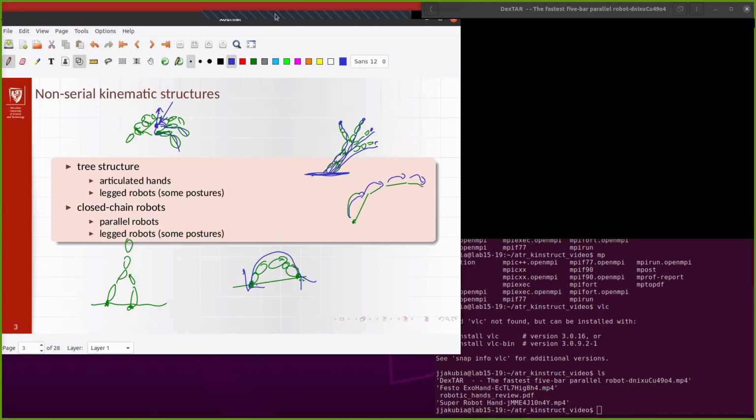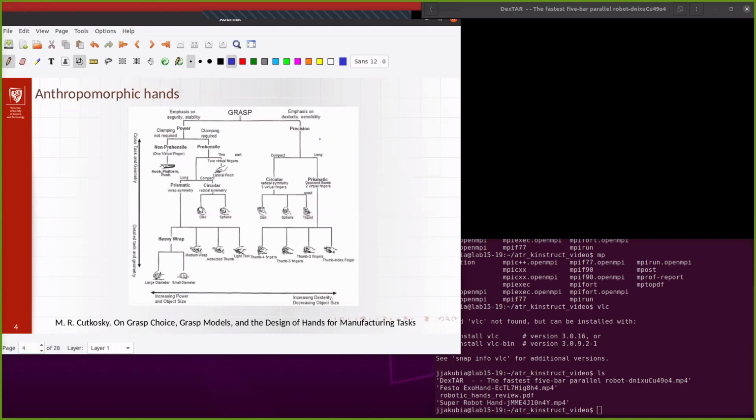Okay, so let's go into details, and we can see why robotic hands are of interest. There are different approaches to how to solve it. Generally, robotic hands are being developed for two reasons.